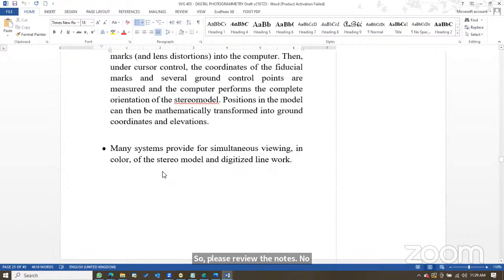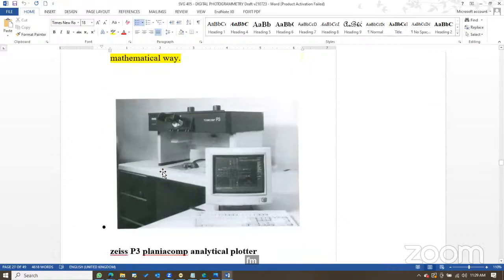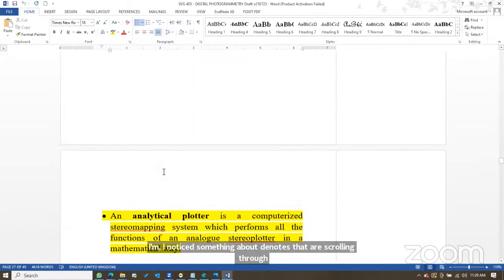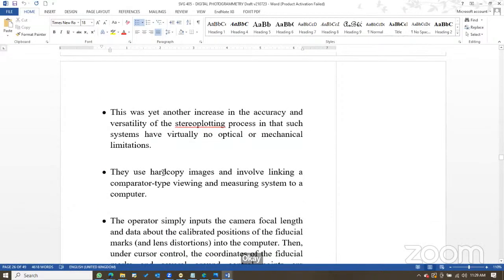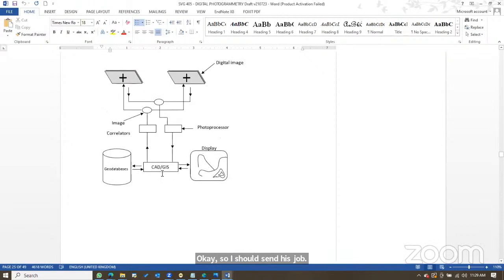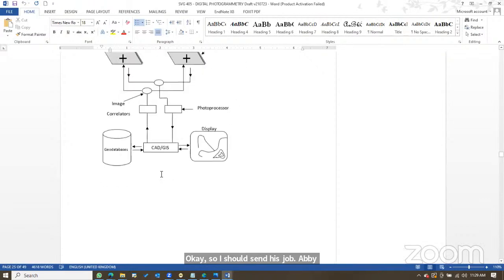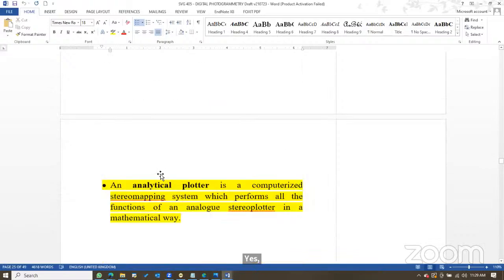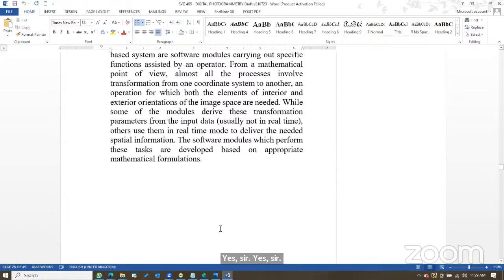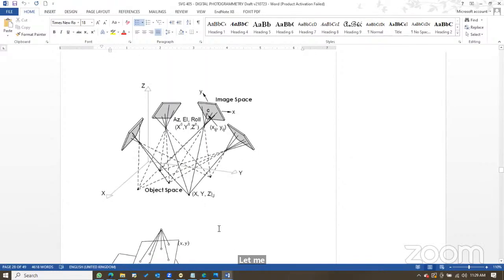Sir, I noticed something about the notes you are scrolling through. I think this draft is different from the one we have. Okay, so I should send this draft, Abby? Yes, sir. I will send this draft to your class share. Some of us are very ready for 405, and we have read the wrong thing.